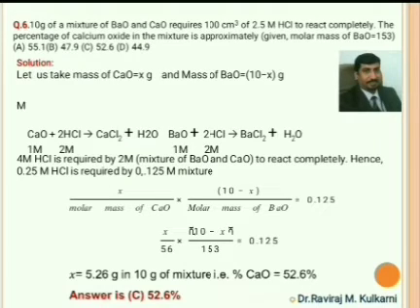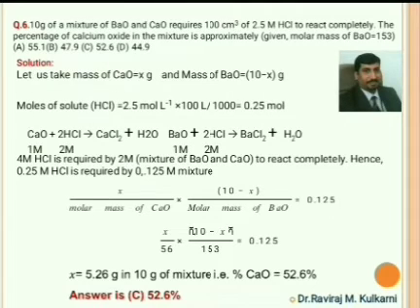Okay, so let's go to the next numerical. It's a little bit lengthy numerical, but it's very interesting. 10 gram of a mixture of barium oxide and calcium oxide requires 100 cm cube of 2.5 M HCl to react completely.